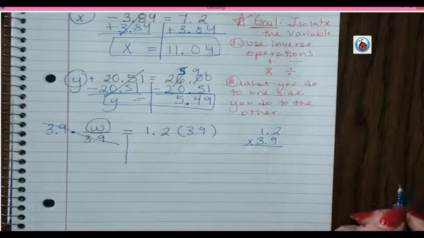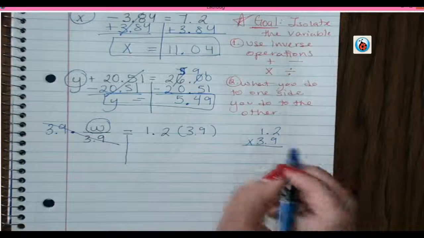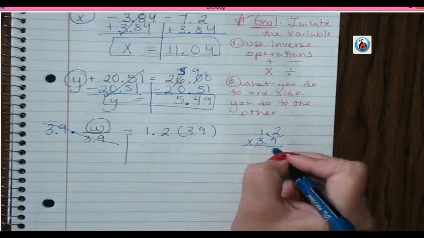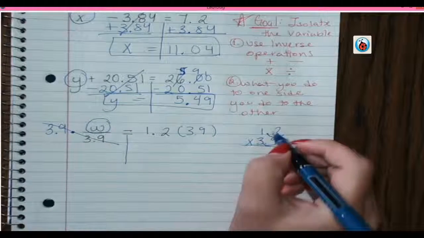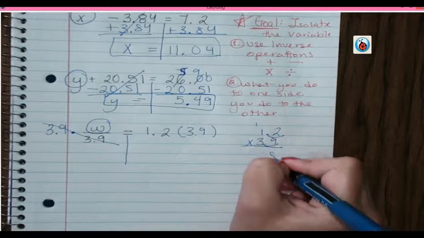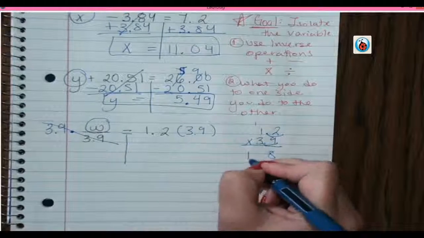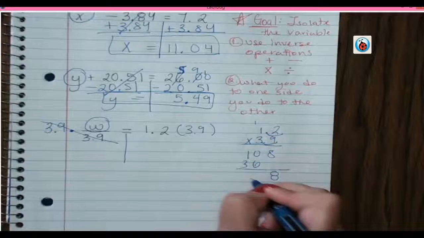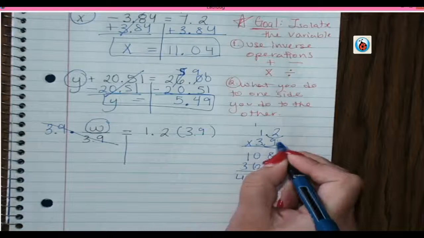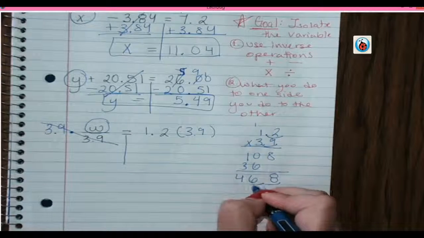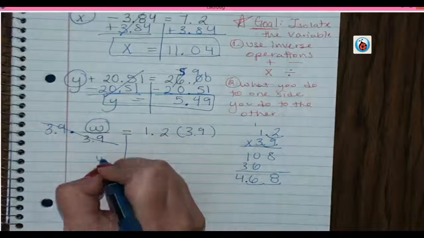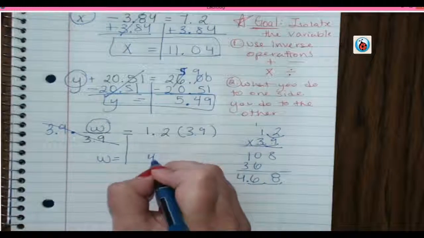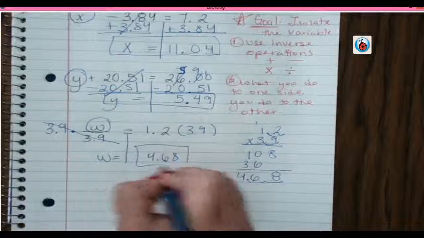Do we have to line up the decimals? No. When we're multiplying, we count how many decimal spaces. So 9 times 2 is 18. 9 times 1 is 9. 3 times 2 is 6. And how many decimal places? 2. So w equals 4.68.